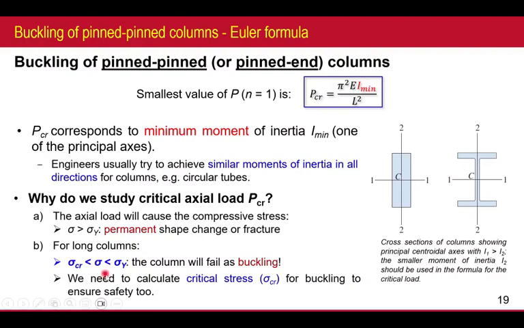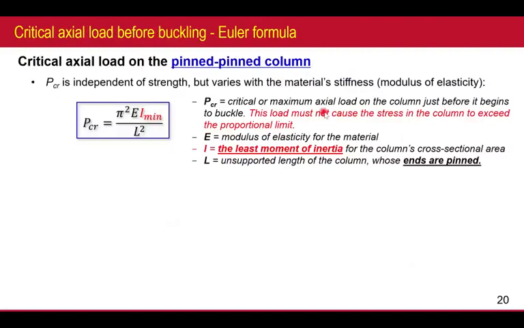If this load is greater than sigma Y, that means there's no buckling, because before buckling, this material already failed because of the plastic deformation. So that's why here you must get to this point.